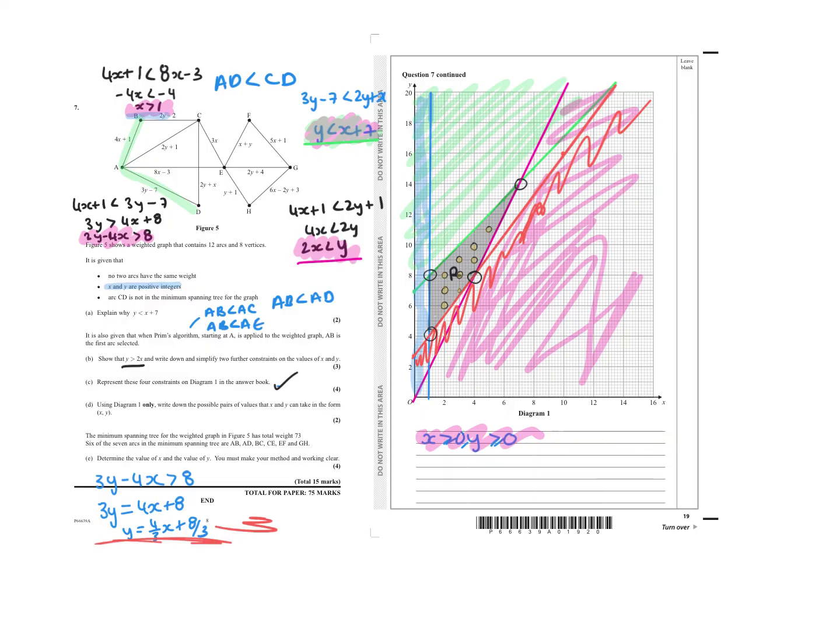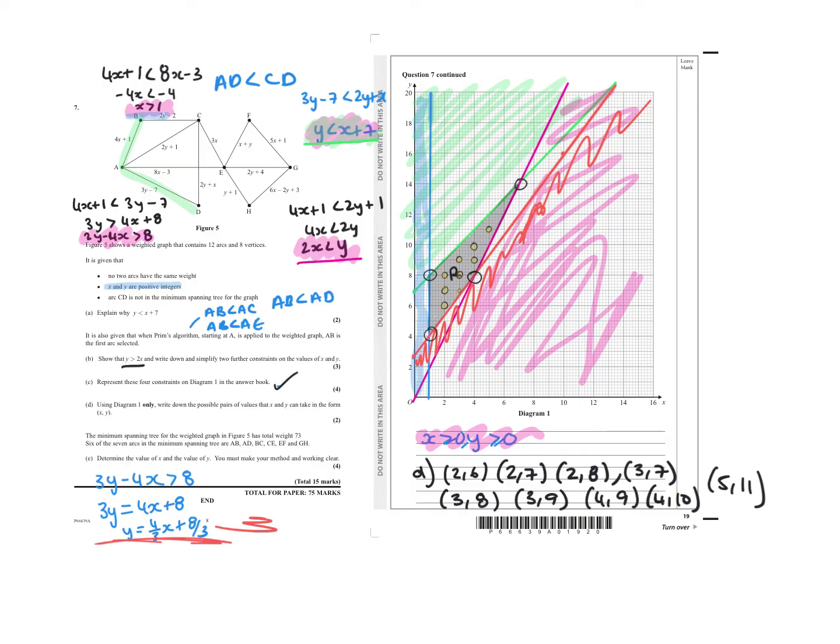Okay, so the answers for part D are (2, 6), (2, 7), (2, 8), (3, 7), (3, 8), (3, 9), (4, 9), (4, 10), and (5, 11). Now you need to get all of them for the 2 marks.